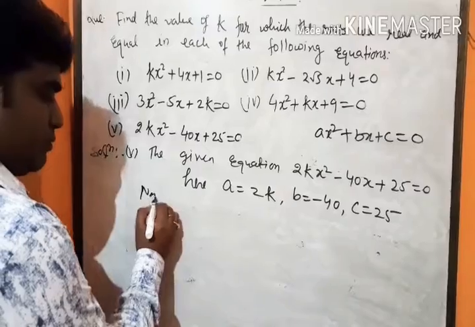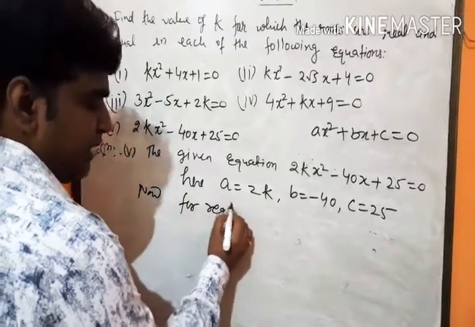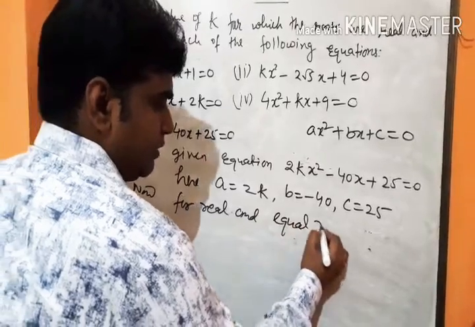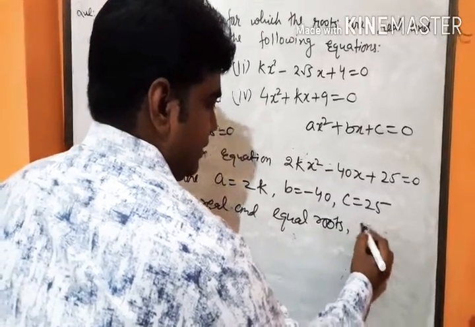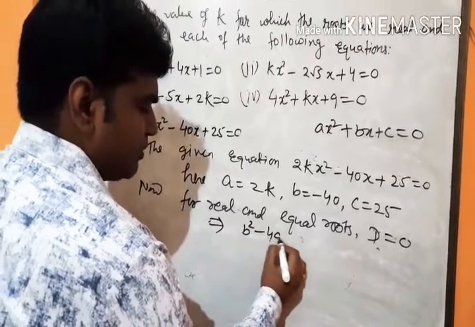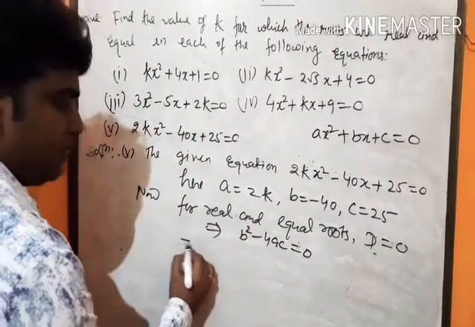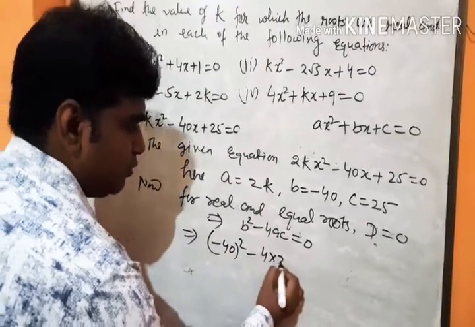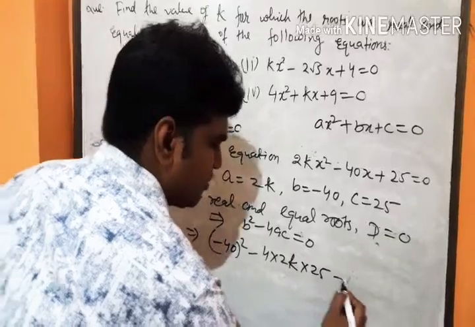Now for real and equal roots, D is equal to 0, or this implies b square minus 4ac equal to 0. Further this implies minus 40 whole square minus 4 into 2k into 25 is equal to 0.